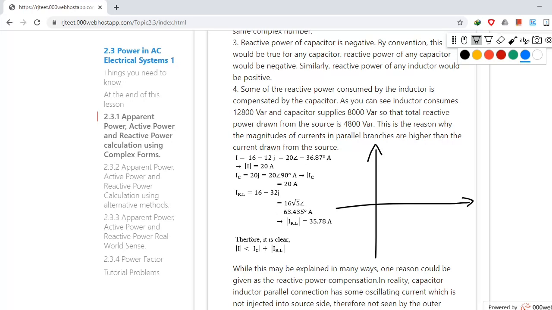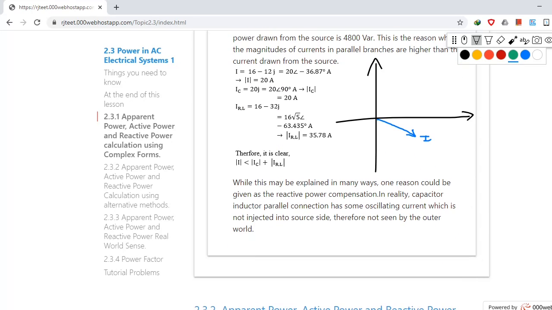It's negative 30 something, 20. This is I, and green for the capacitor current. It's simply plus 20, which means this much.